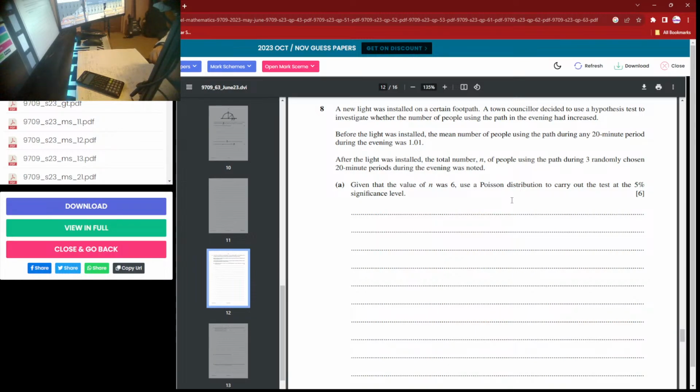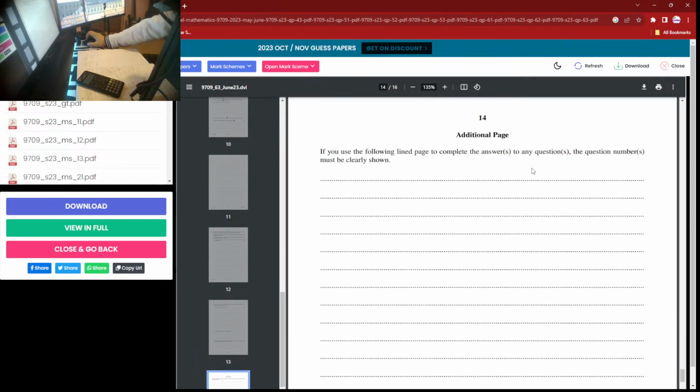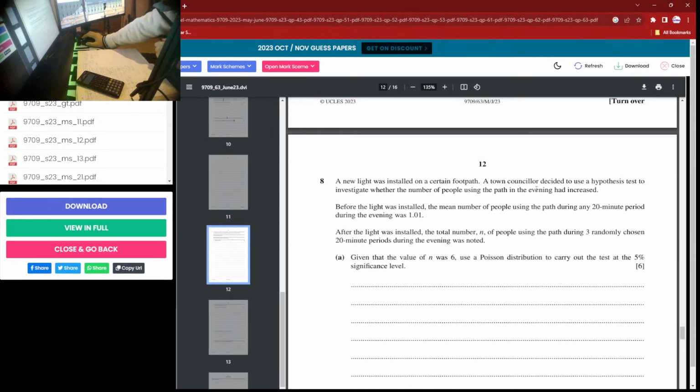Given that the value of n was 6, use the Poisson to carry out the test at 5% significance.